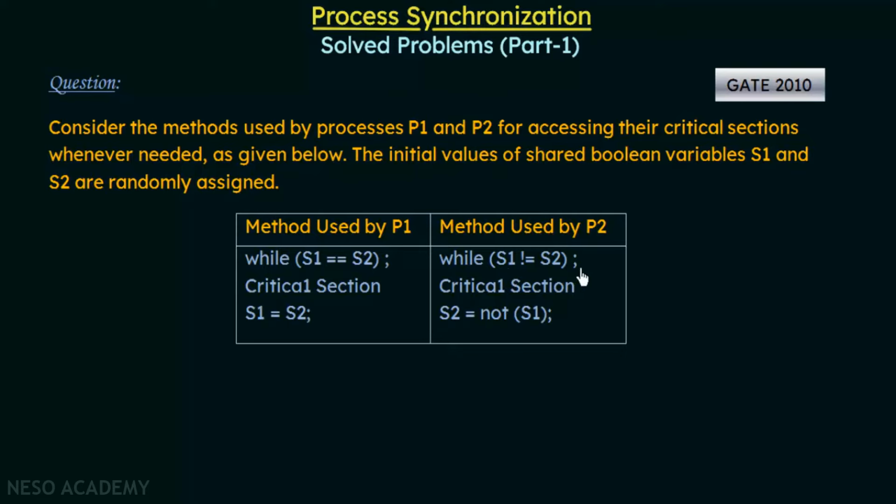The moment this condition becomes false, which happens when S1 is equal to S2, the opposite of this, it will be able to enter the critical section and do its operation. Once it completes its execution, it will set S2 to not of S1, that means S2 is not equal to S1. This is the method used by P2 for accessing its critical section. Now that we have understood the methods used by processes P1 and P2, let's see what the question is and how we can solve it.